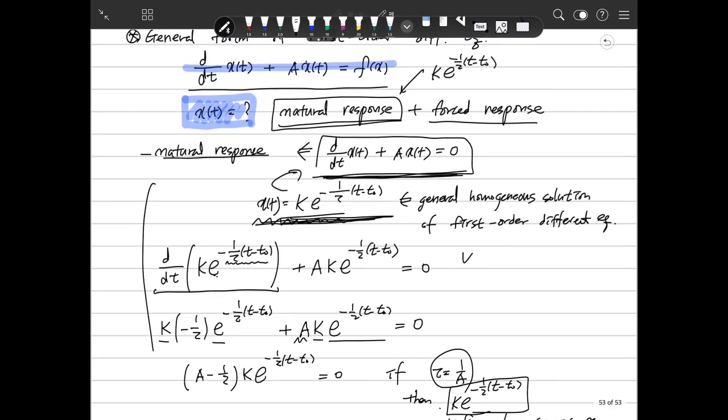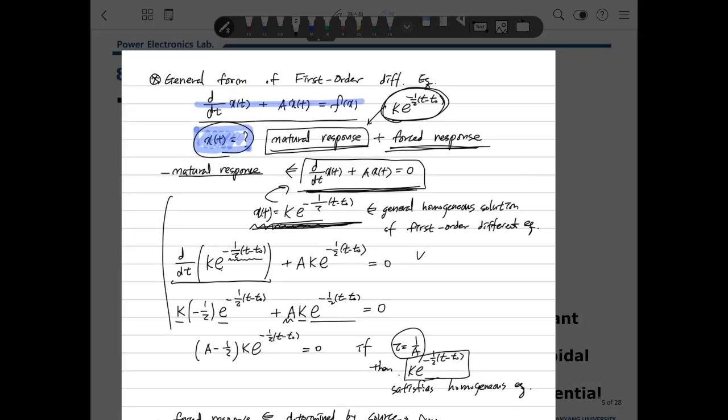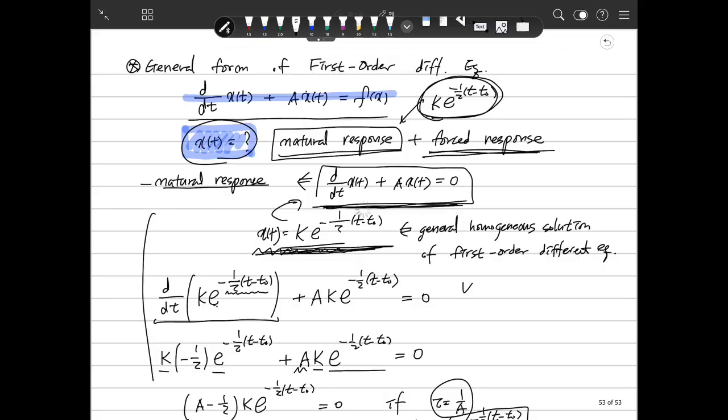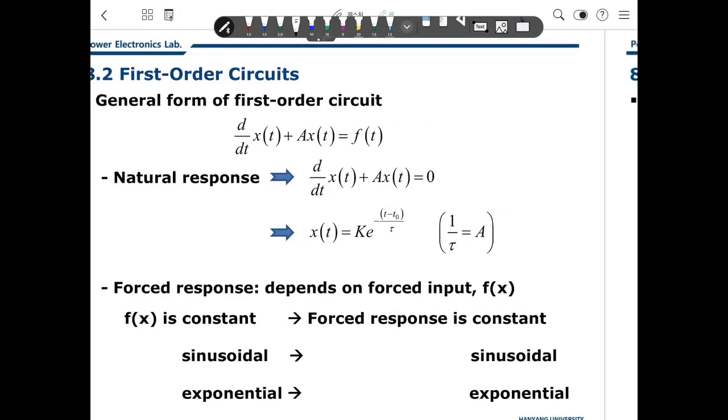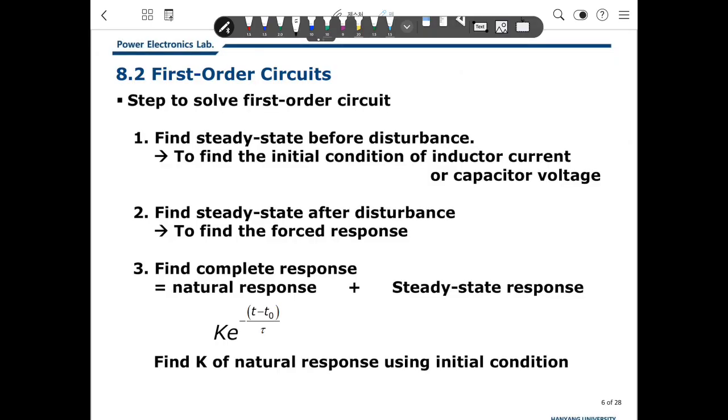This will be calculated based on the electric circuit, so we can get x(t). So we'll summarize how to solve the first-order circuit. First, we have to find the steady state before the disturbance.